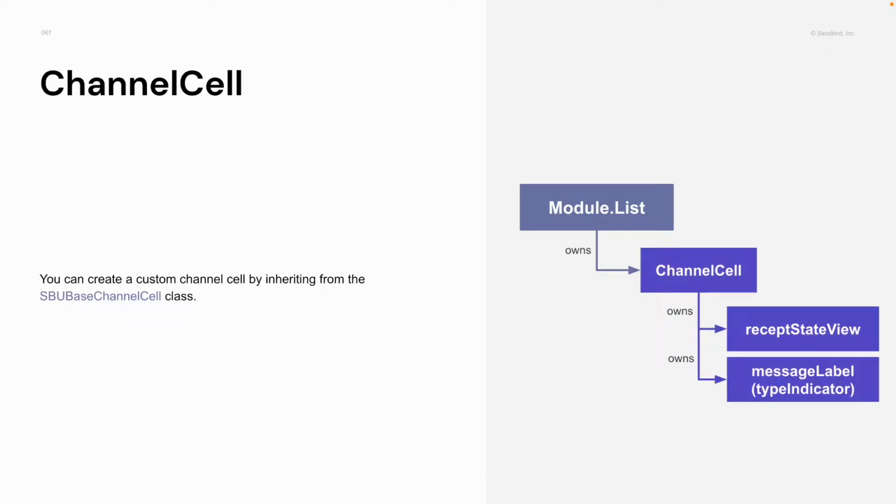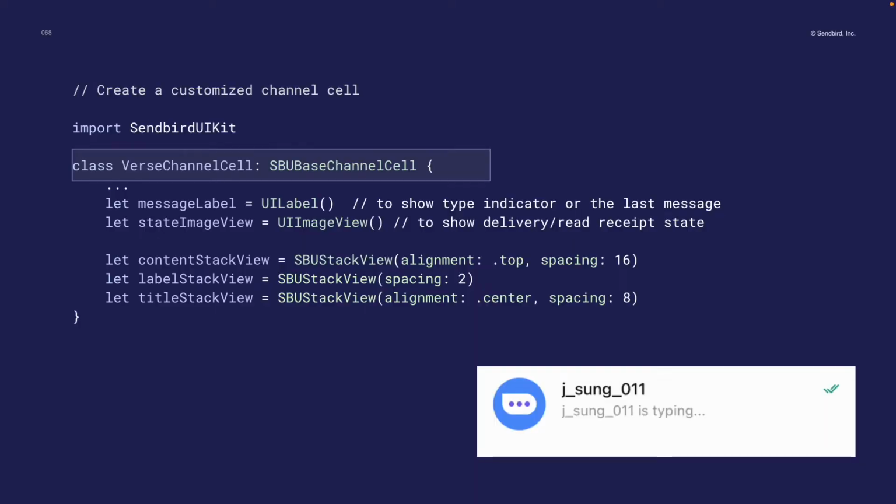Now let's customize the channel. You can create a custom channel cell by inheriting from the SView-based channel cell class. Here's the code snippet. First, create a class called VersusChannelCell and make it inherit from SView-based channel cell.